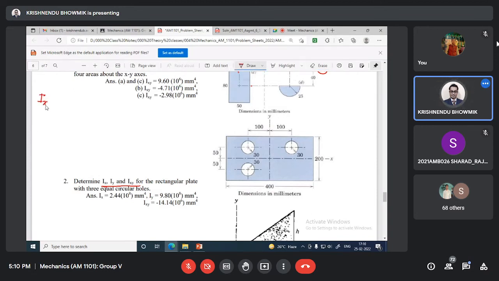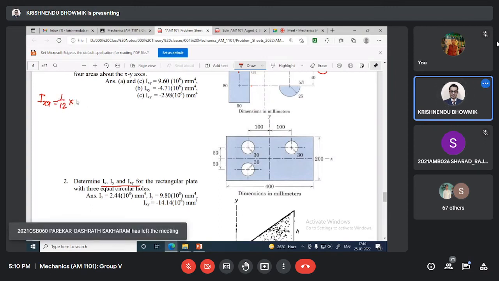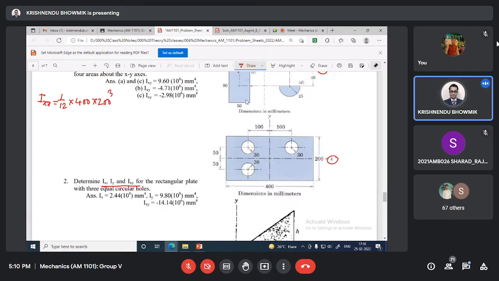So maybe IXX will be 1 by 12 base 400 multiplied by 200 cube. This is the X and this is the Y. Now, for these three cases, this and this, area is same.